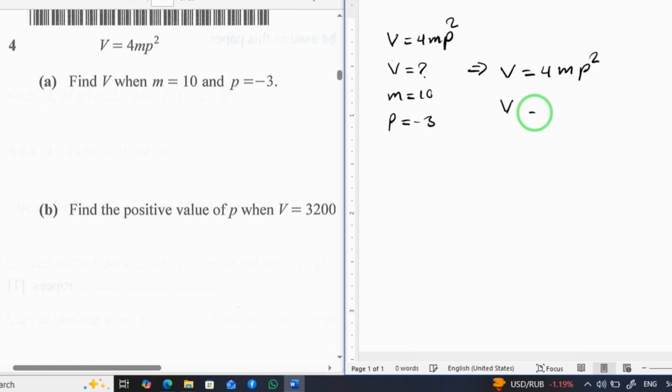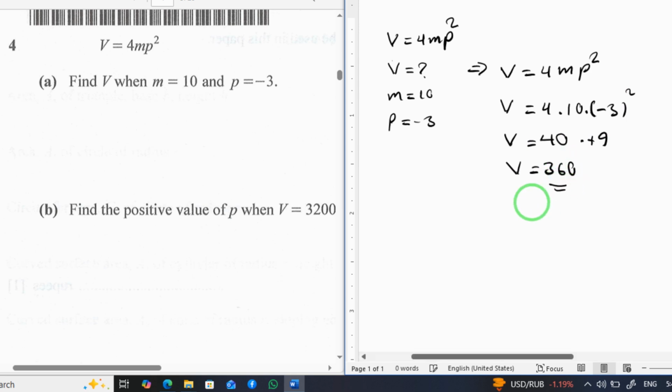Then we substitute the value 10 instead of m, and instead of p we write minus 3 squared. So v is equal to 4 multiplied by 10, 40, times minus 3 squared. A negative number to the power of an even number is positive, and 3 squared is 9. So v is equal to 9 times 40, which is 360.